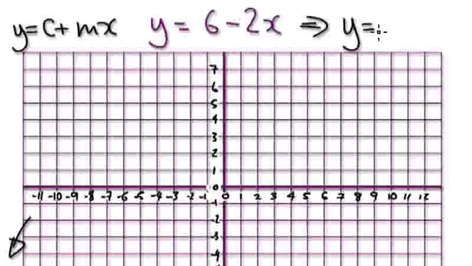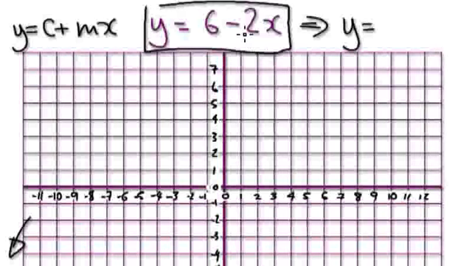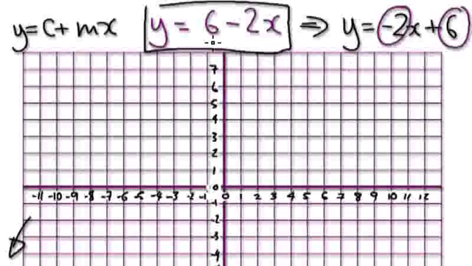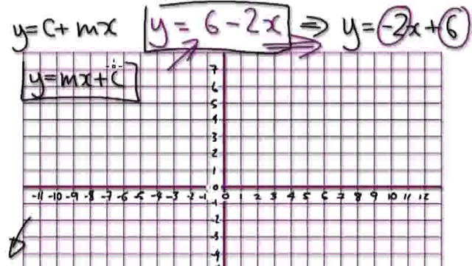So when you're given this, inside your mind, visualize it as minus 2x plus 6. This is your intercept, and this is your gradient here. To draw this line, visualize it as this, because you're familiar with y equals mx plus c. Always when you're sketching a line, when someone gives you an equation and you want to sketch that straight line, try and visualize it in this form inside your mind.